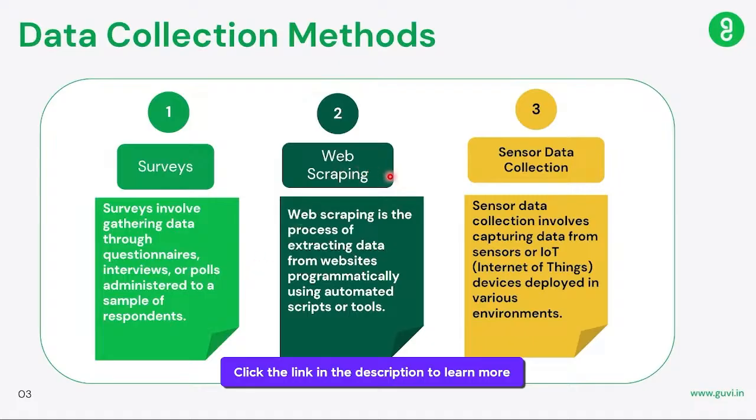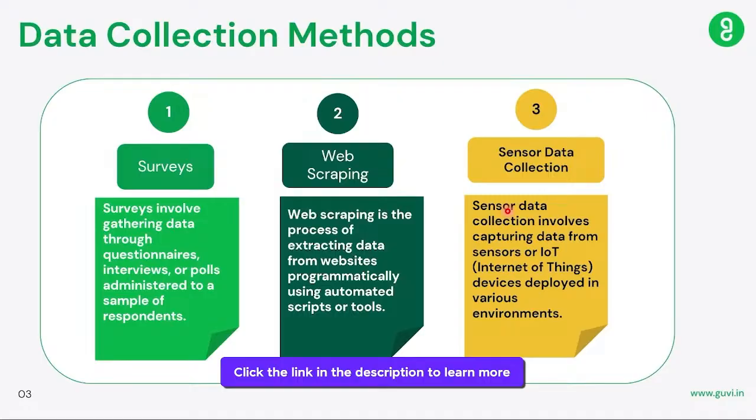The second point is web scraping. Web scraping is the automated extraction of data from websites using specialized software tools or scripts. It allows for large-scale data collection from online sources such as websites, social media platforms, or online databases.